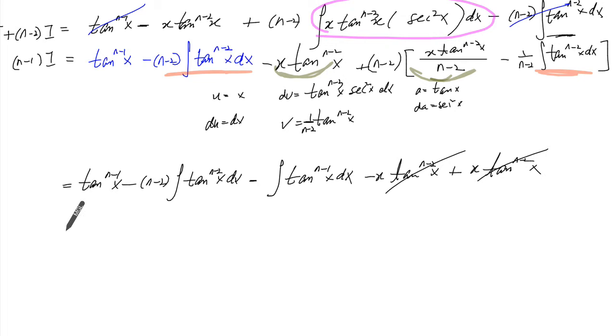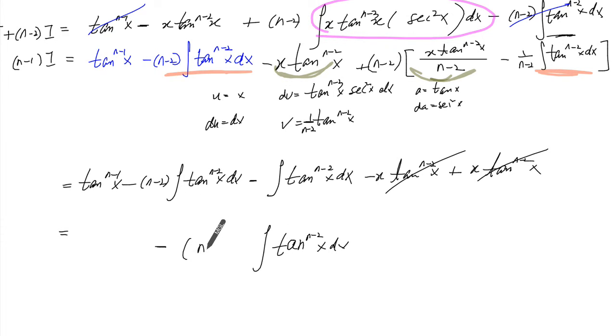All right, hope you're still with me. So these two can be collected. Minus and minus, so we factor out the minus. Integral of tangent to tangent, that should be minus 2, right? This is from here. So this is going to be minus tangent n minus 2 x dx.